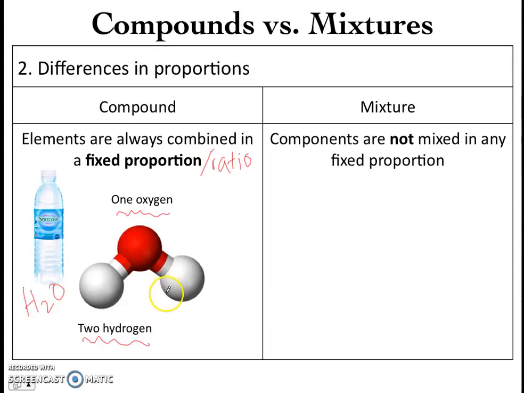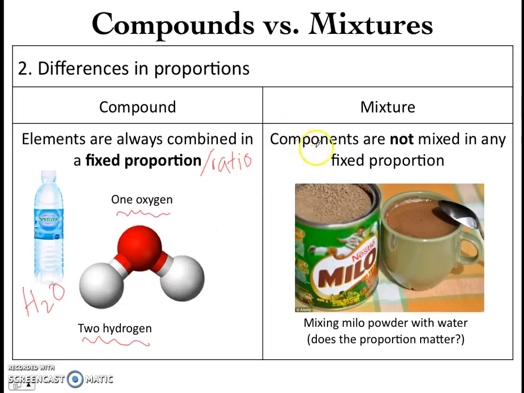Now in a mixture, however, the components do not need to be mixed in any fixed proportion. So for example, if I'm making a Milo drink, right, it's like putting Milo powder plus water to give me that drink, right? Now, does it matter how much powder I mix with the water to give me a drink? Not really, right? I can put a lot of powder into the water or not so much powder into water and I'll still get the mixture, which is the drink.